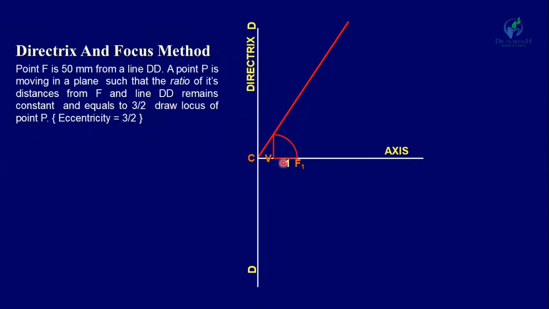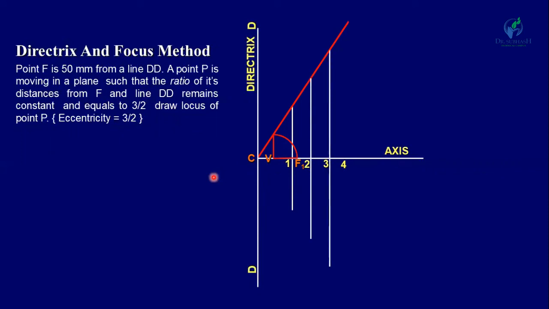Now from V, mark different points 1, 2, 3, 4. From points 1, 2, 3, 4, draw vertical lines which are perpendicular to the axis. The intersection points here are 1 dash, 2 dash, 3 dash, and 4 dash.